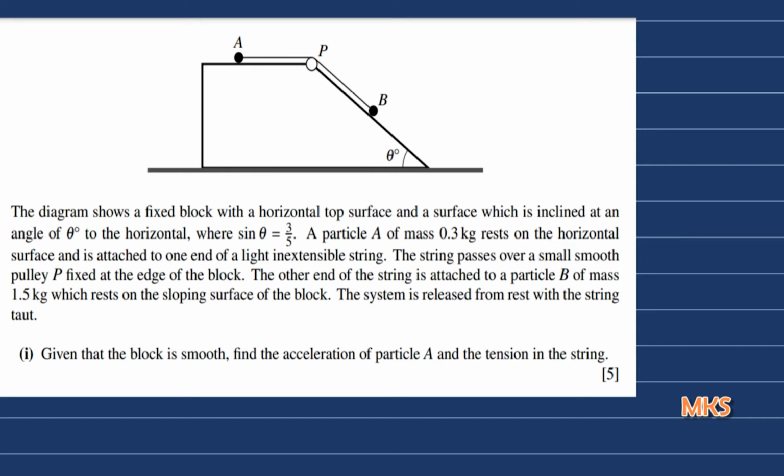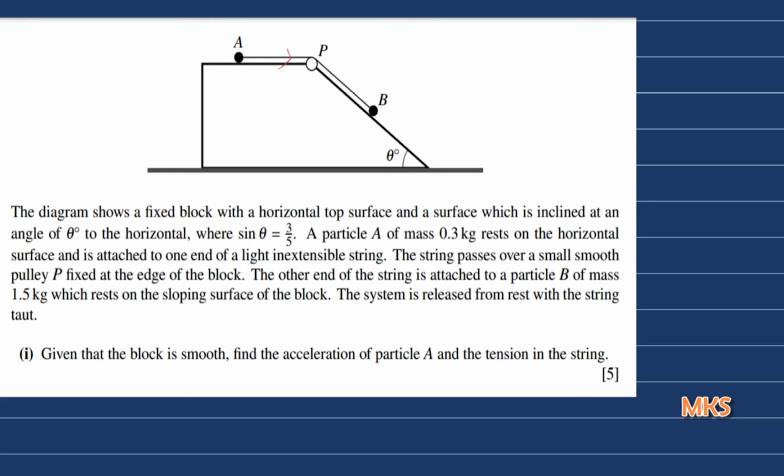The string passes over a small smooth pulley P fixed at the edge of the block. The other end of the string is attached to particle B of mass 1.5 kg, which rests on the sloping surface of the block. The system is released from rest with the string taut. Given that the block is smooth, find the acceleration of the particle A and the tension in the string.